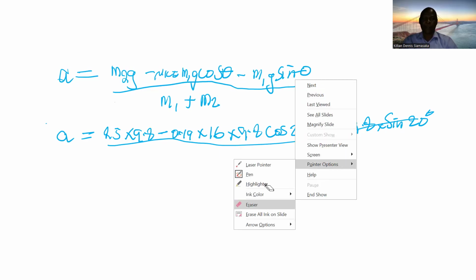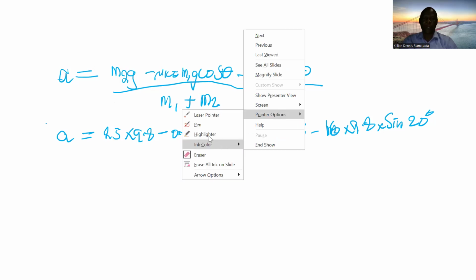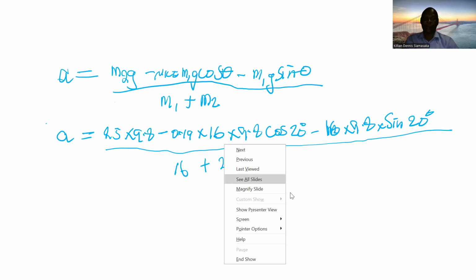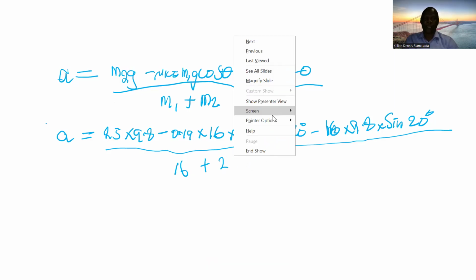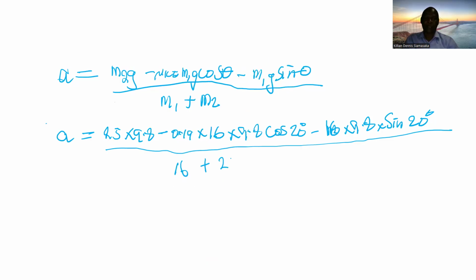Then we can divide everything here by mass 1, which is actually 16, plus mass 2, which is 25 kg.